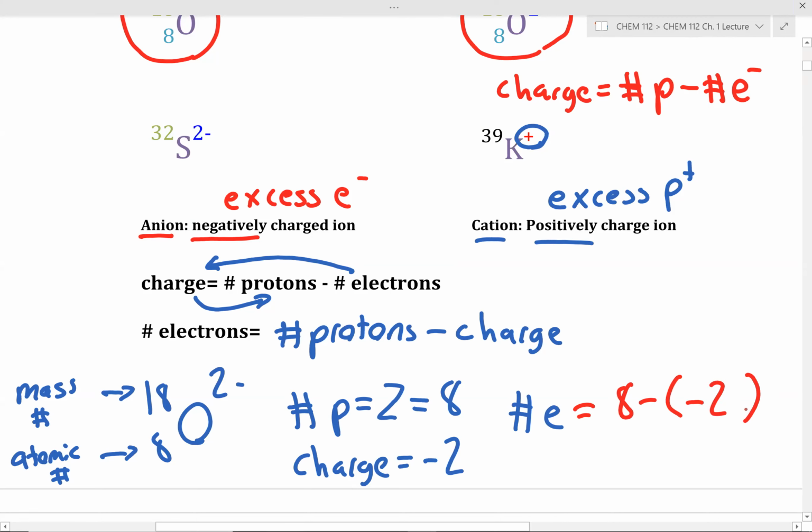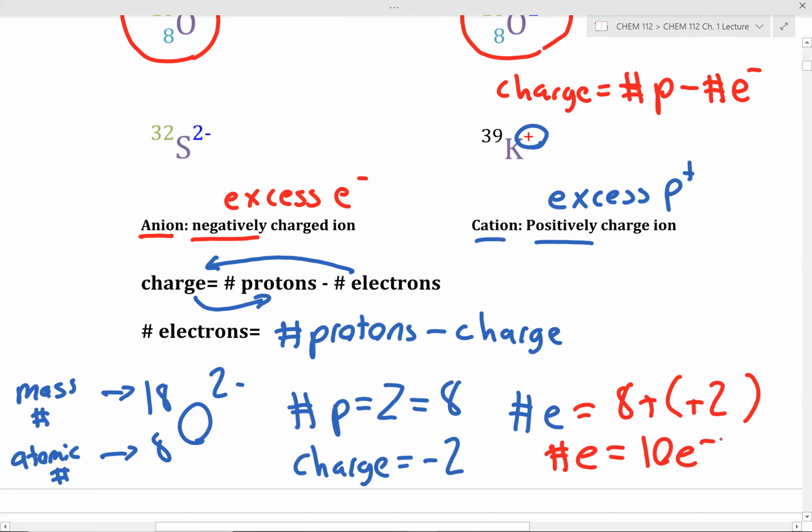Now, when we're subtracting a negative number, that's essentially adding a number, right? So how many total electrons would we have? 10. 8 plus 2 gives us 10 electrons. Does that make sense to everyone?